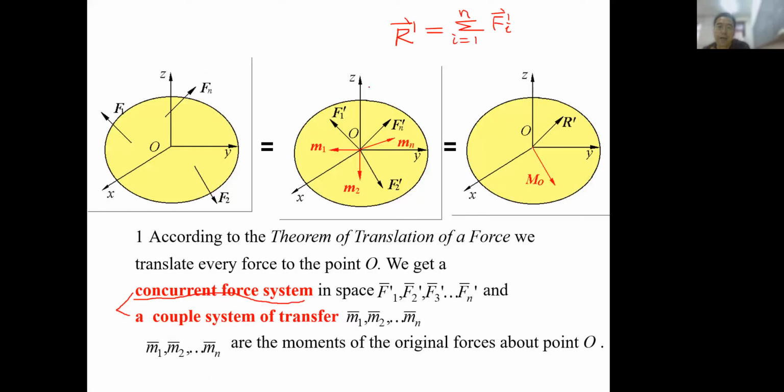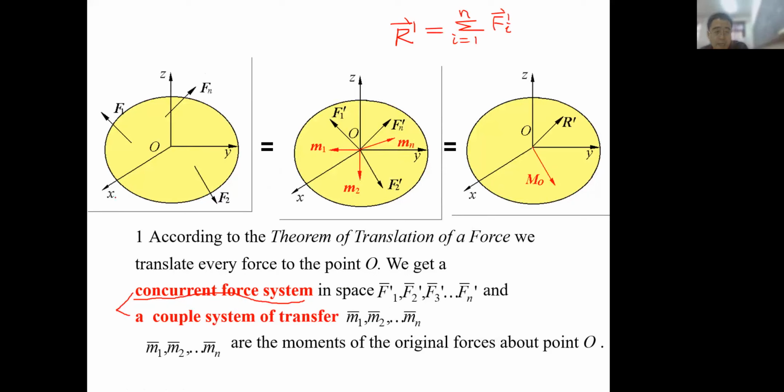You see? So actually we find that this R prime is very easy. We just do the sum of vectors, maybe just use the parallelogram theorem one by one. So we finally can get this R prime.